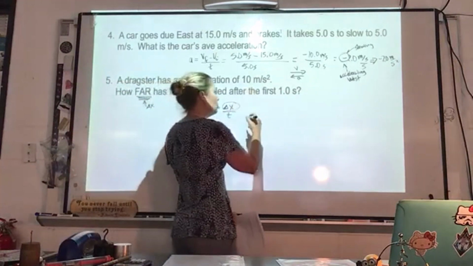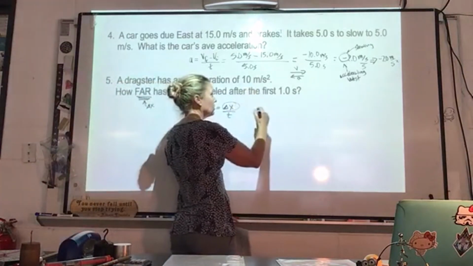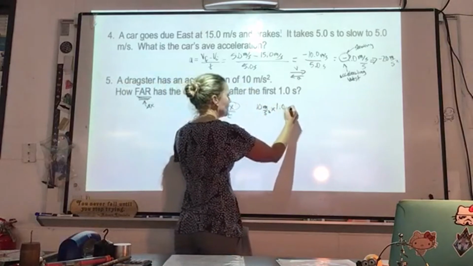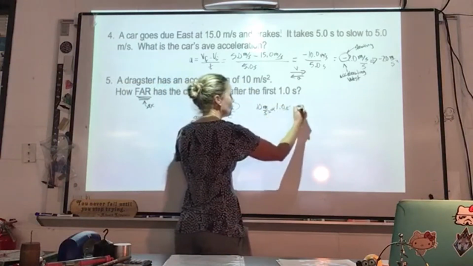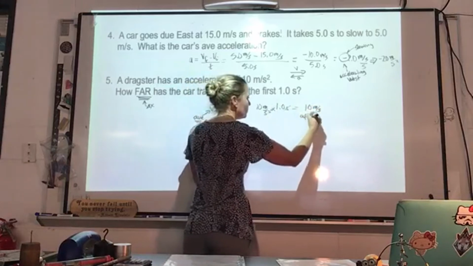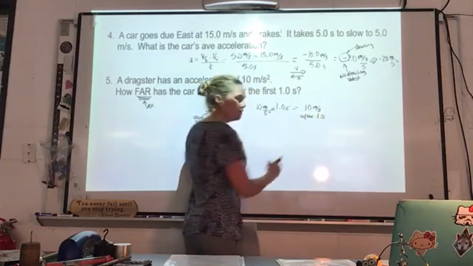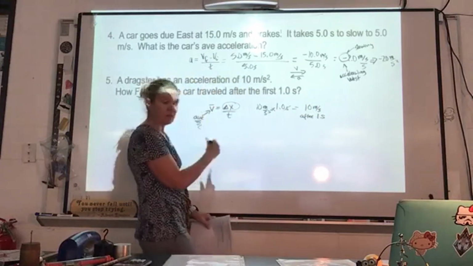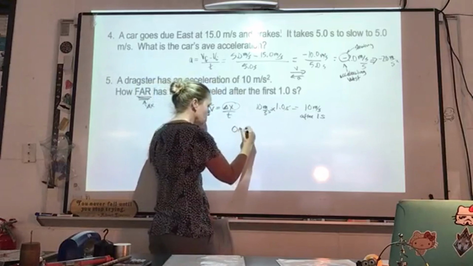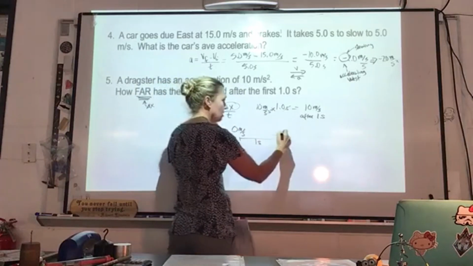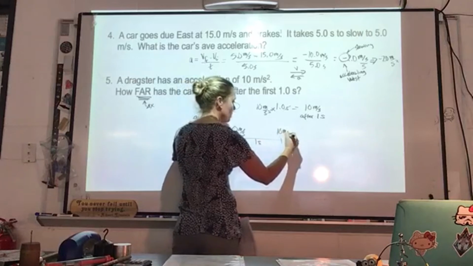So what we do know is after 1 second, 10 meters per second squared times 1 second, we lose one of those. We are going 10 meters per second after 1 second. We started at what? It's a drag racer. He started at 0 meters per second. And after 1 second in time, he's going 10 meters per second.